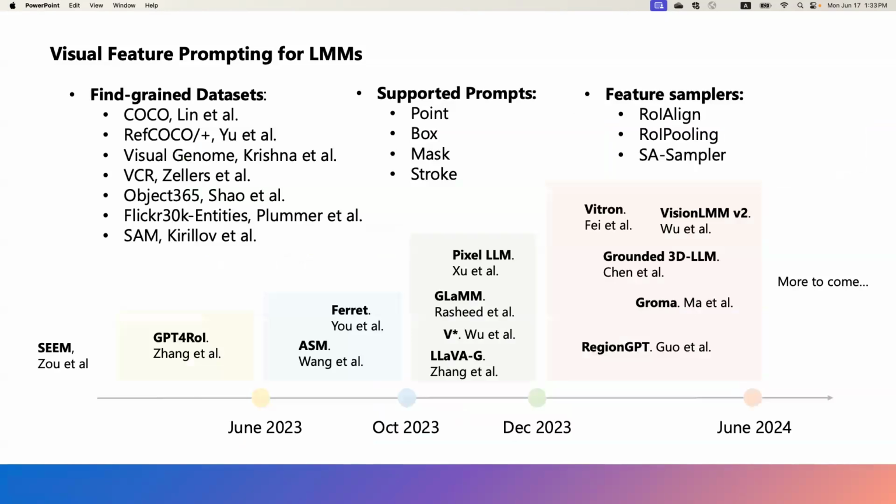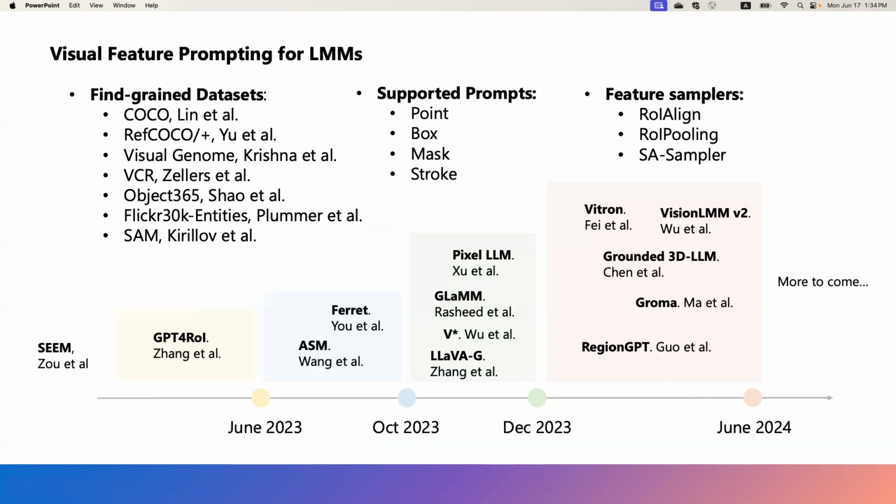Based on this strategy, we are seeing a lot of works. Some earlier works, like I mentioned, for example SEEM or SAM, try to encode the visual prompt for vision foundation models. Later on, we have seen GPT-4-ROI, Ferret, Pixel-M, and many other works.